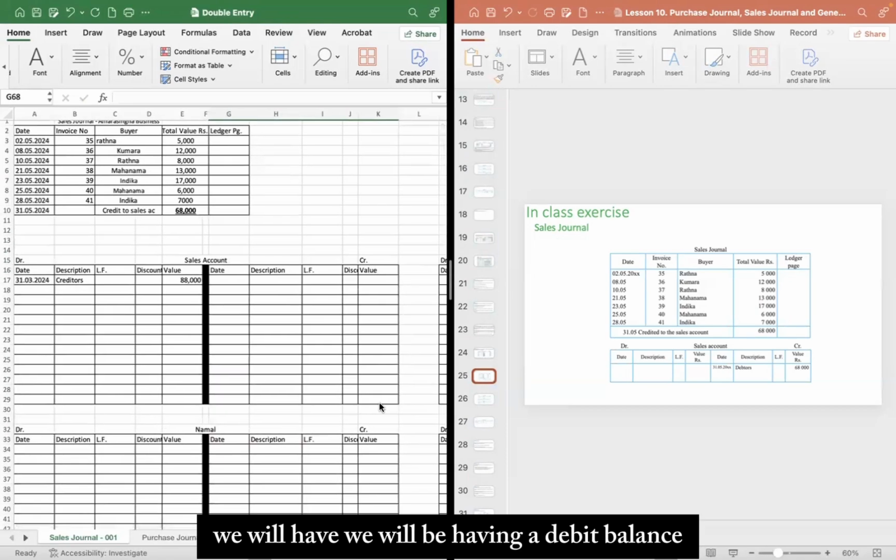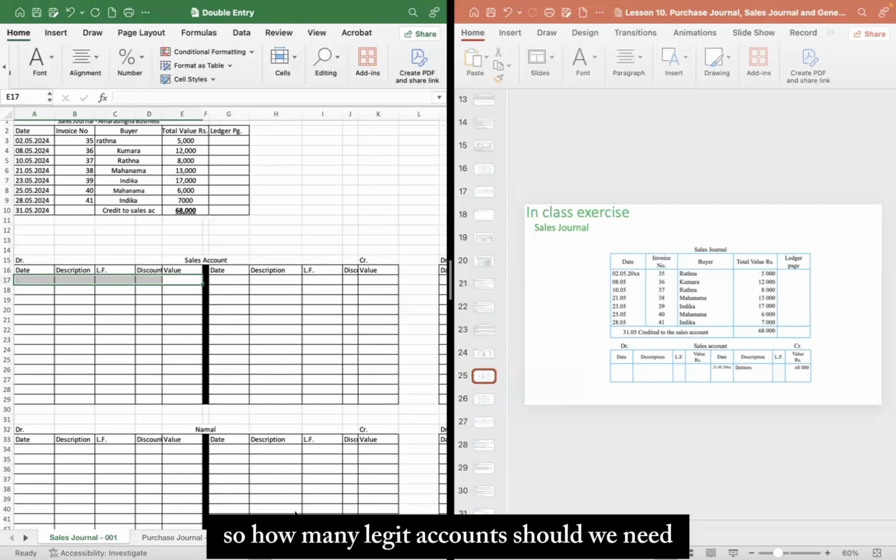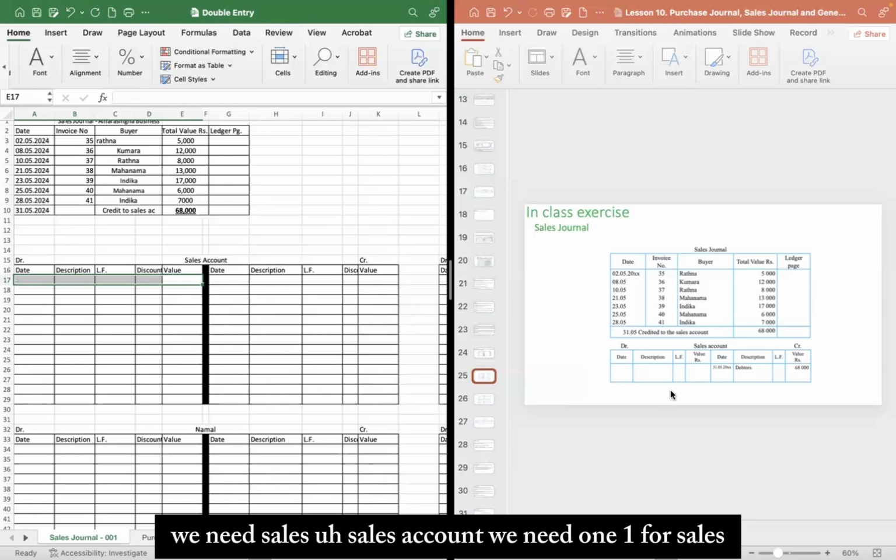We will be having a debit balance. So how many ledger accounts do we need? We need a sales account, one for sales.